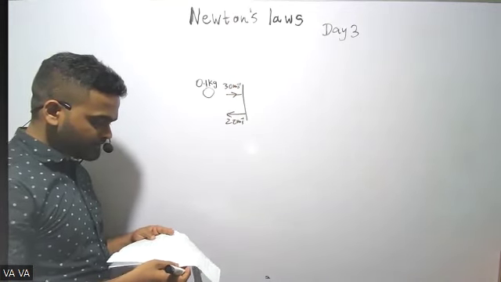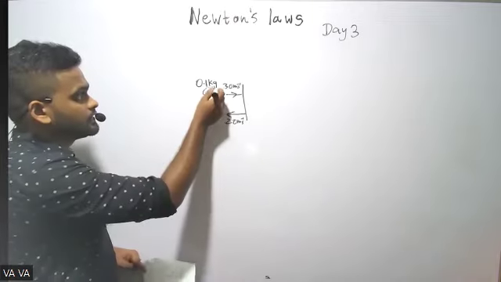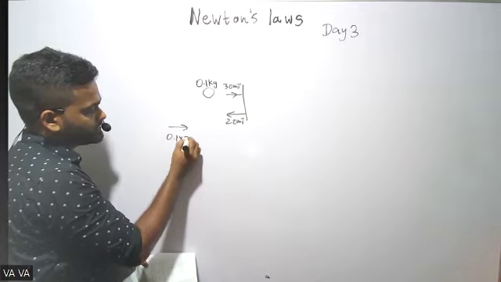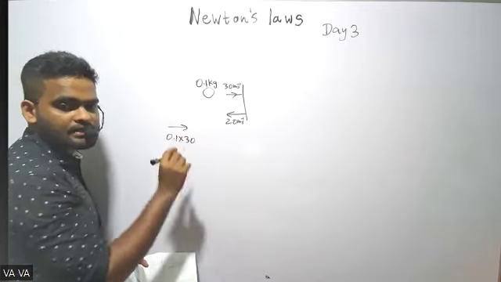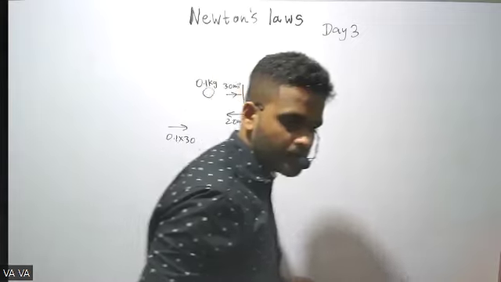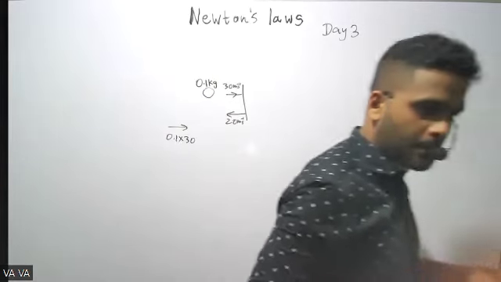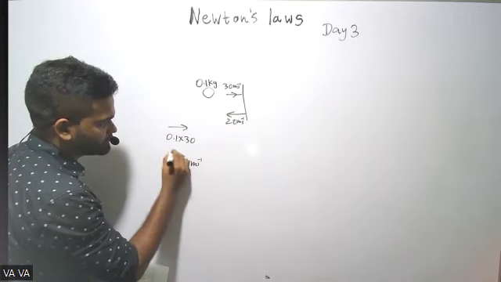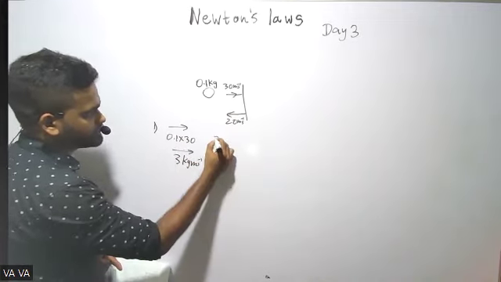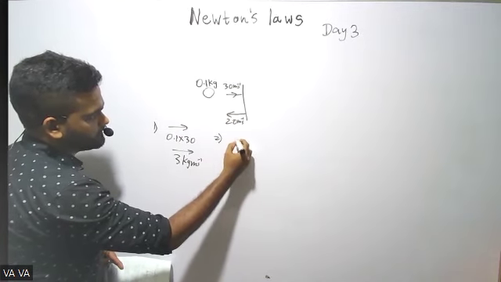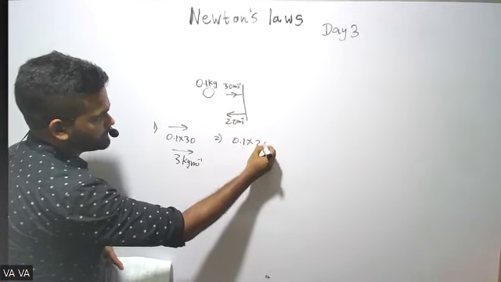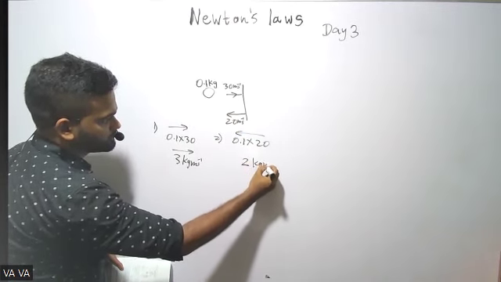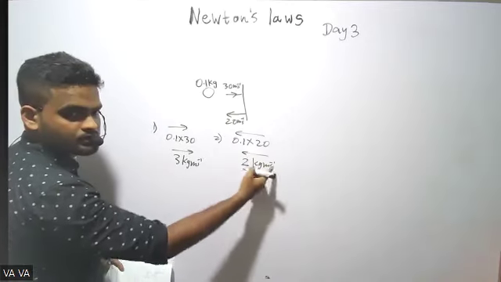So just before it hits the wall, before hitting the wall, the momentum is 0.1 times 30. You have to mention the direction as well, because direction is important. Yeah, so this is 3 kilogram meters per second to this side. First question. Second one, 0.1 times 20 to this side. So it is 2. 2 to this side.